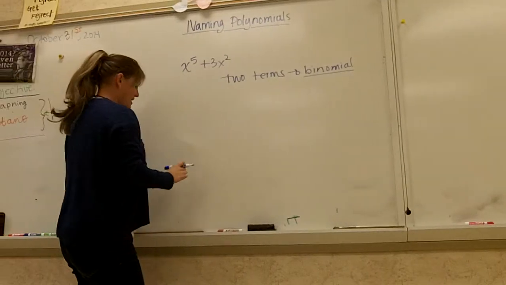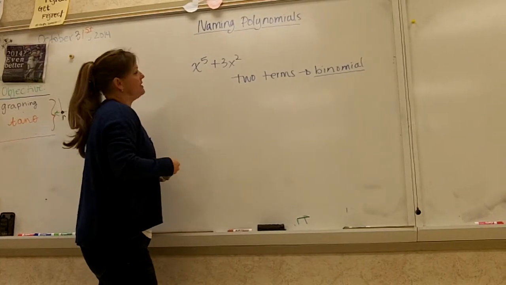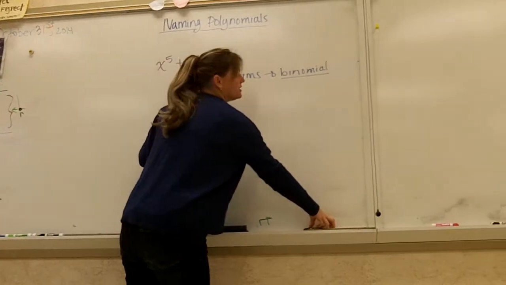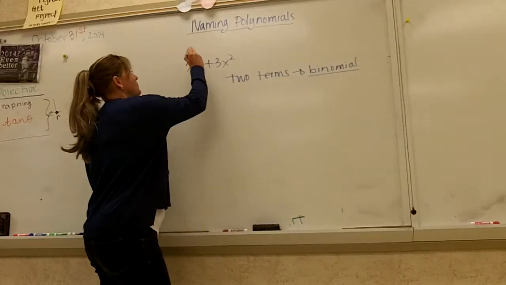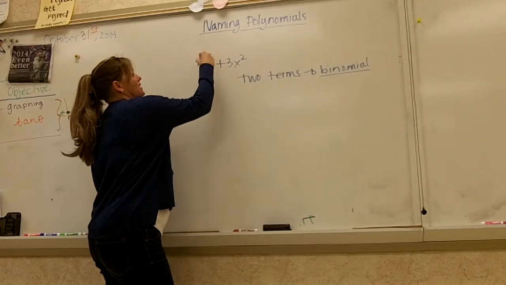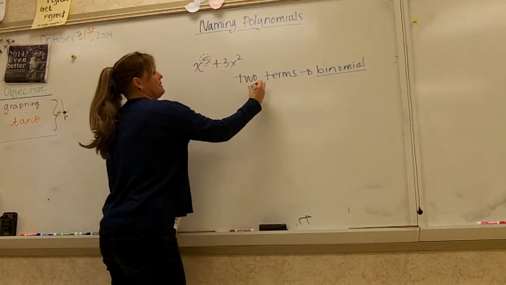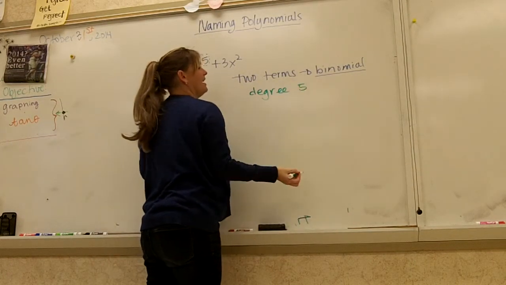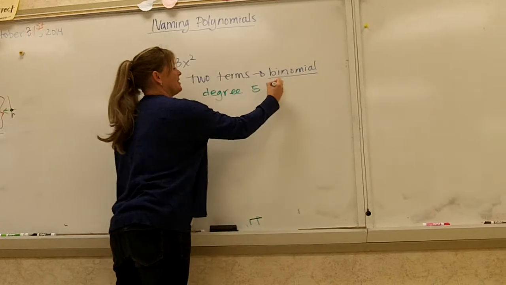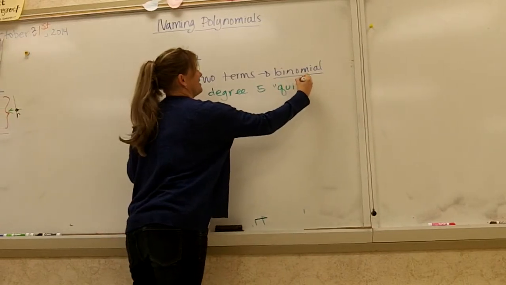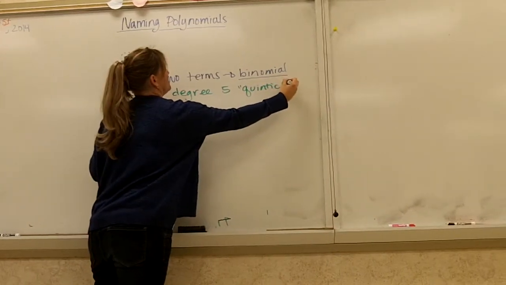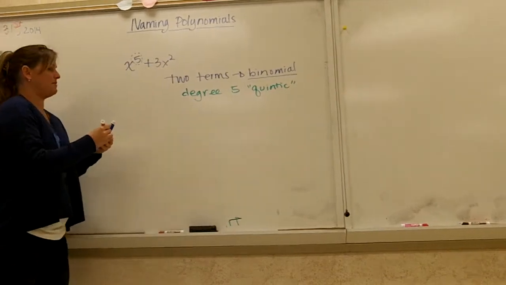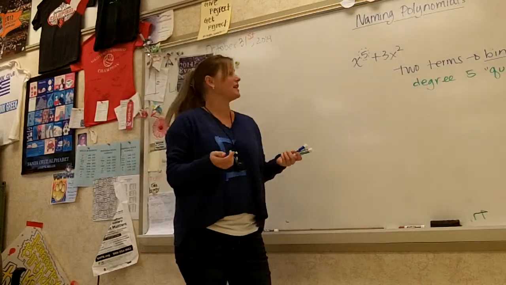All right, and then it also has what's called a degree. So the degree is the biggest number in the polynomial, or the biggest exponent. So we would say that this one is going to be degree 5. And I think the book even calls it quintic, which is a stupid word that I wouldn't expect you to remember, but we would say fifth degree.